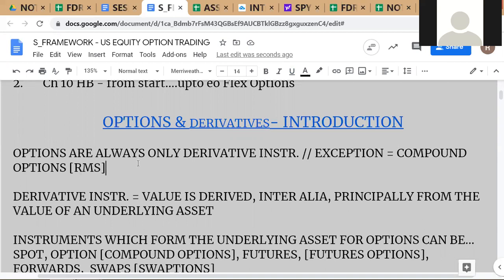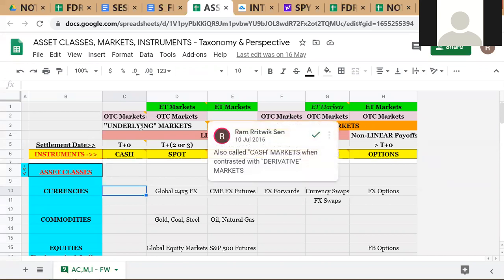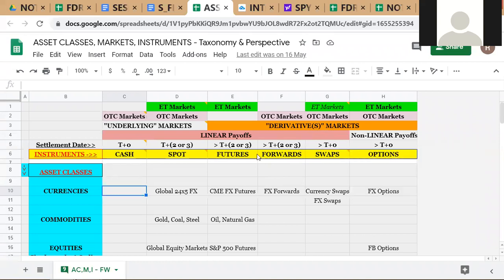But the statement we make is options are always only derivative instruments. That's why you notice that in this framework, under derivatives, I have options. The options are not over here. Although when you have a compound option, actually there is a derivative option and there is also an underlying option. We'll come to that.